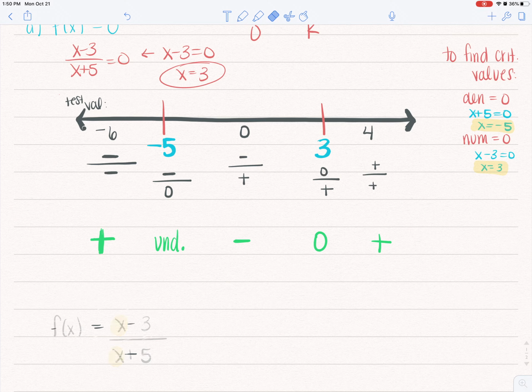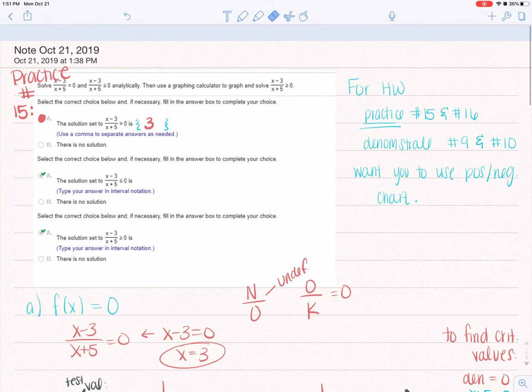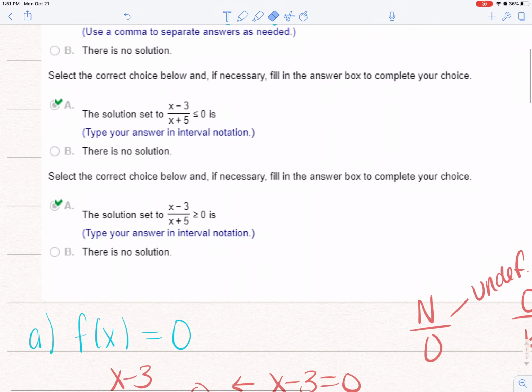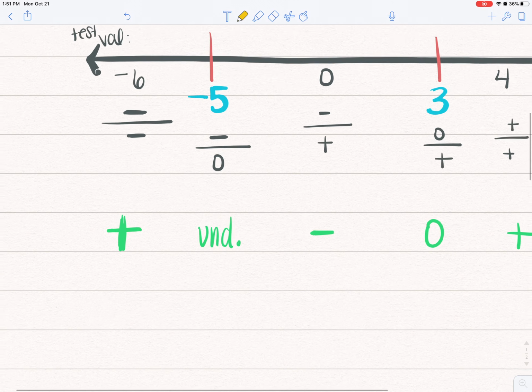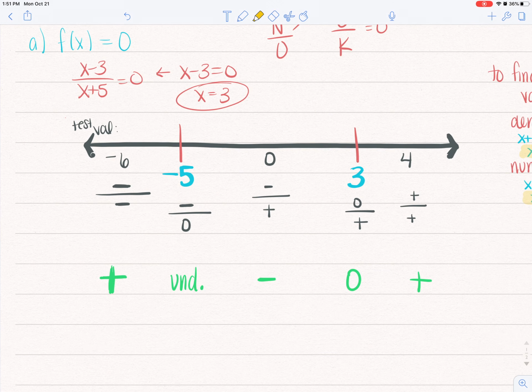So now that I've completed my sign chart, going back to what it said in my math lab, it said to find where this thing is less than or equal to 0. Less than or equal to 0 is going to correspond with where it was negative on the sign chart. So I'm going to go down to my sign chart and find the intervals where it was negative. Well, I can see right here that the sign chart came out negative.